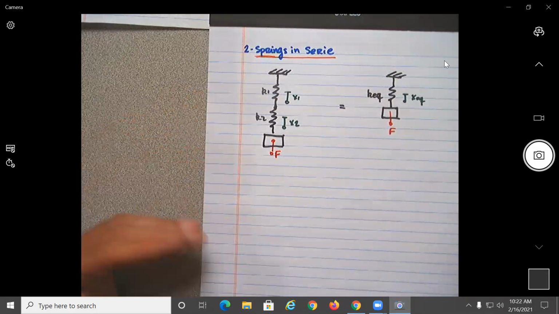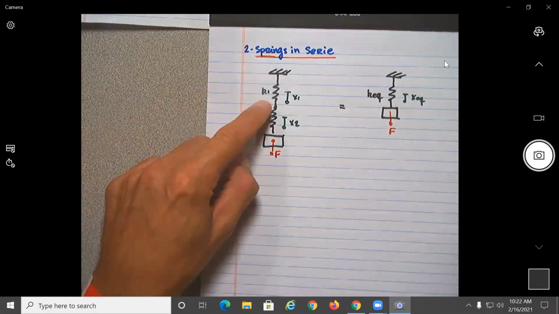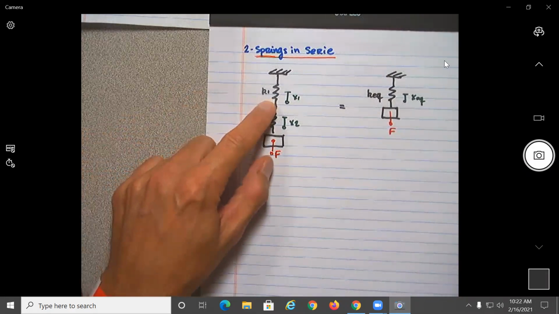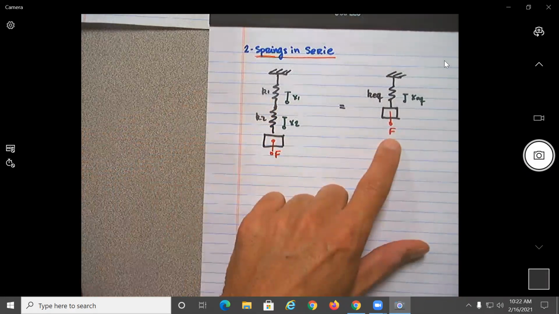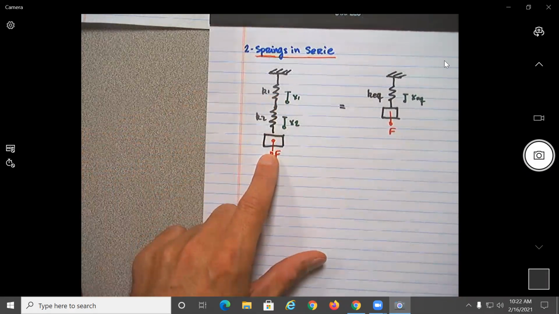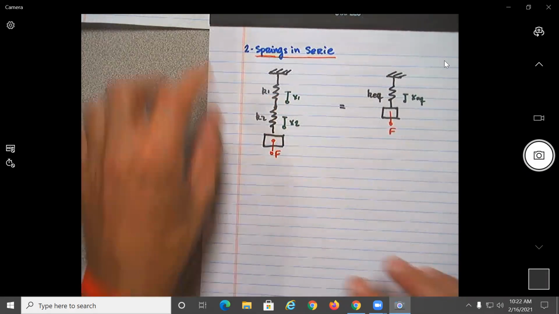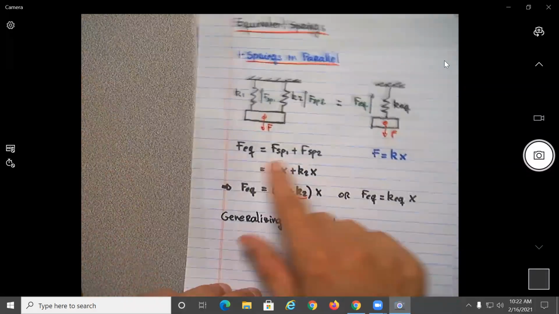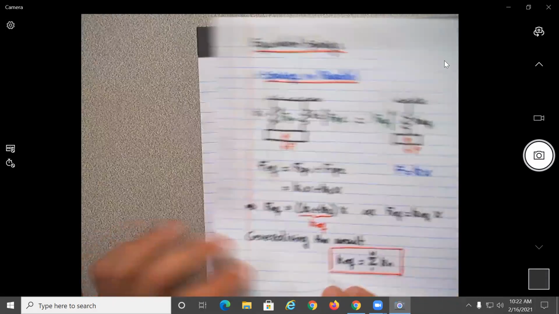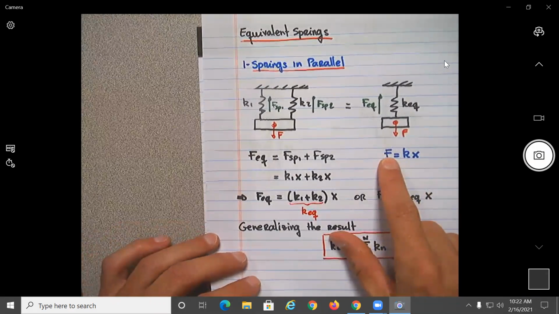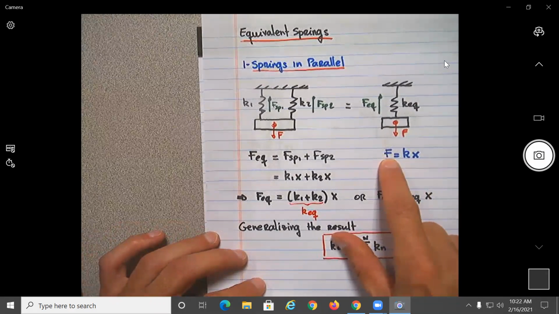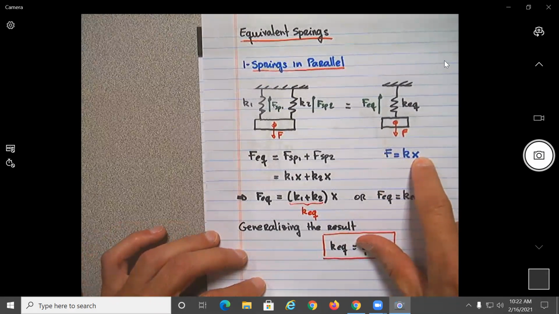So again, you need to find out stuff that you're able to relate. So in this case, would the force of spring 1 plus the force of spring 2 be equal to F? No, because both springs are subjected to the same force, no? So this time we cannot do what we did before with the forces. However, look at the equation. What is the thing you need to relate? Either the force or the deformation, no?